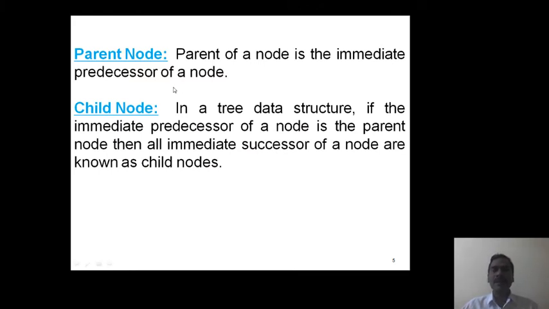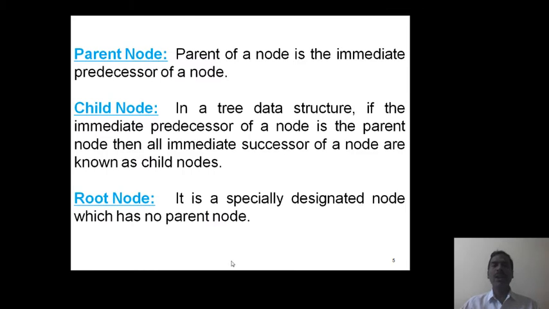The immediate predecessor of the node is called the parent node and the successor node is treated as the child node. Parent of a node is the immediate predecessor of the node. If the predecessor is the parent node, then its successors are treated as child nodes.